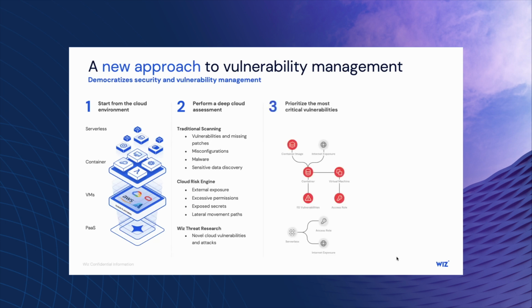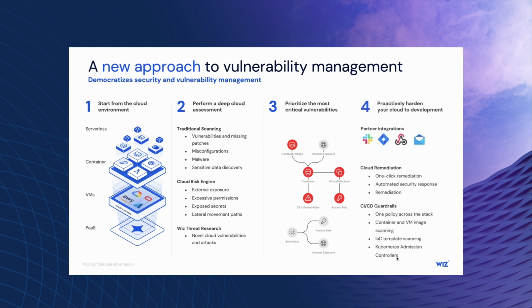And that path of lateral movement allows you to prioritize critical vulnerabilities better, right? You're able to see the CVE, how it's entered the network, but you're also able to see that perhaps it has access to an access role, and that it's close to PII, and so on and so forth.